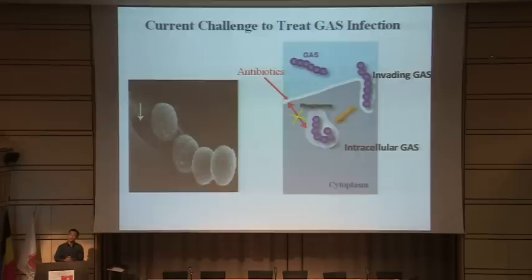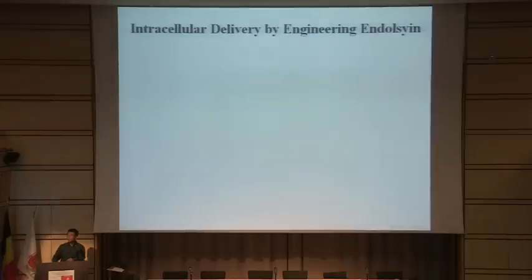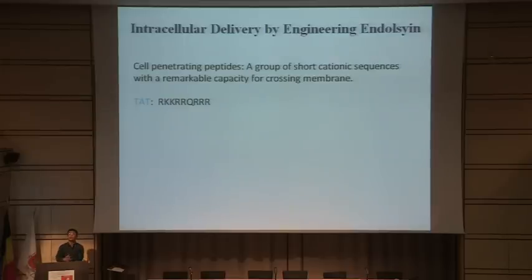That encouraged us to develop an alternative approach, to engineer these antimicrobials to actually go intracellular. My first project came with engineering endolysin. The way we developed our strategy is to engineer endolysin by fusing it with a cell-penetrating peptide.